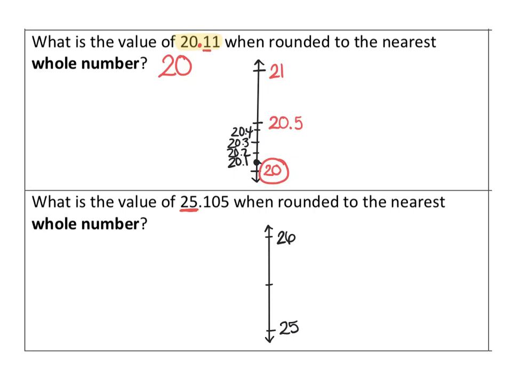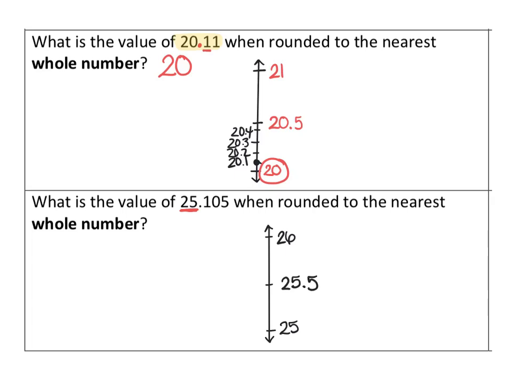And then lastly, I need your help with figuring out what goes in the middle of 25 and 26. 25 1/2, which we write as 25.5.